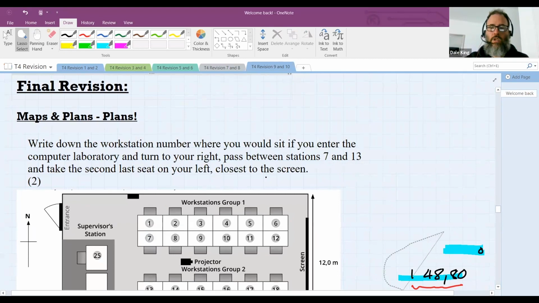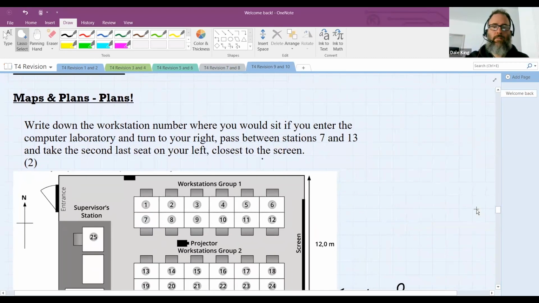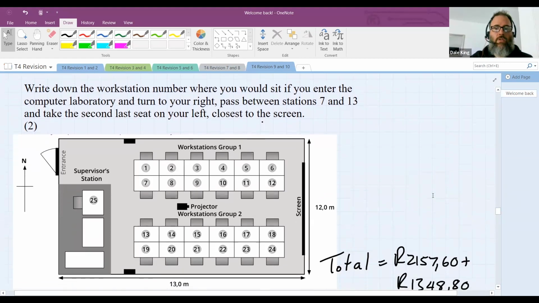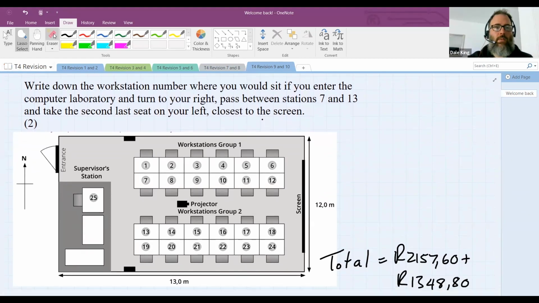All right, so there's the question above the map. Write down the workstation number where you would sit if you enter the computer lab, turn to your right, pass between stations 17 and 13, and take the second last seat on your left closest to the screen. What seat number is that?